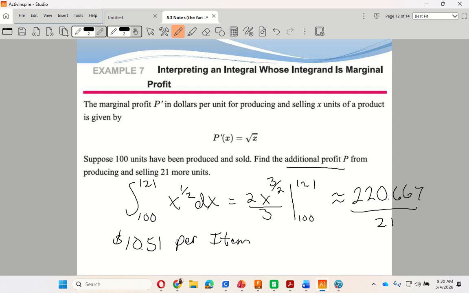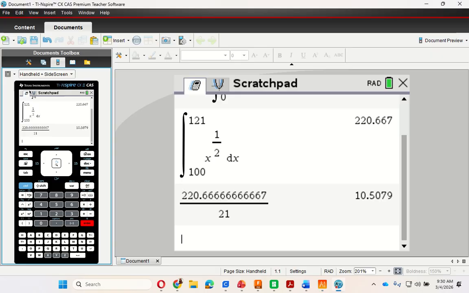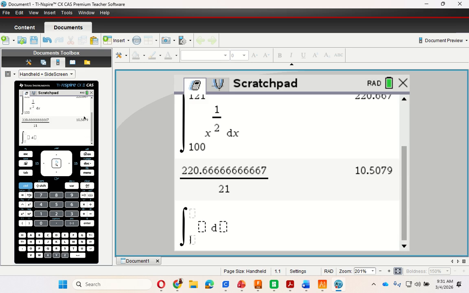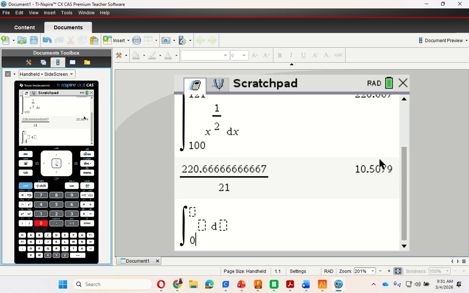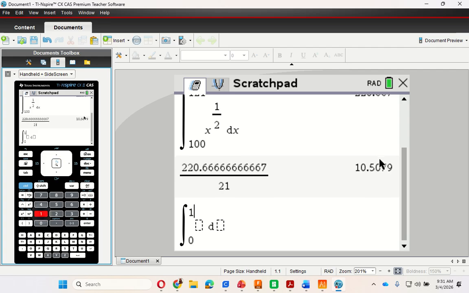So if I try and do my initial profit, it would be from 0 to 100. There you go. From 0 to 100.